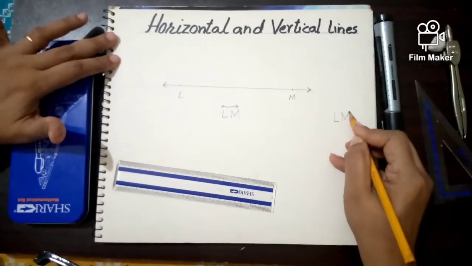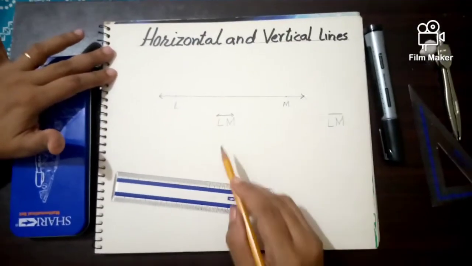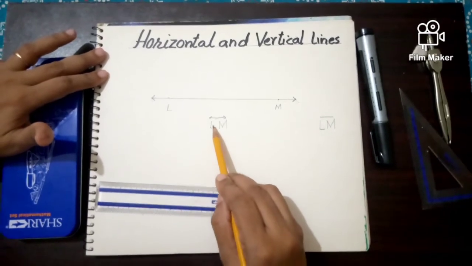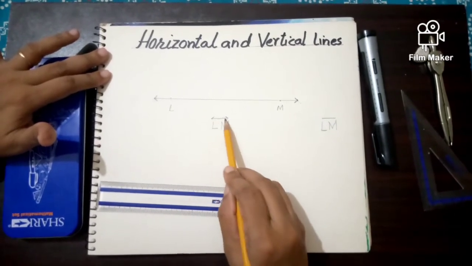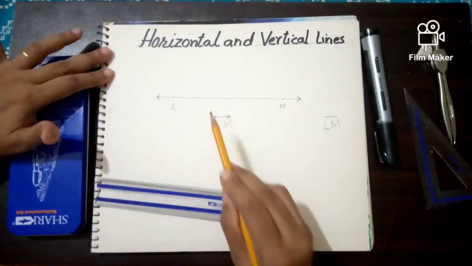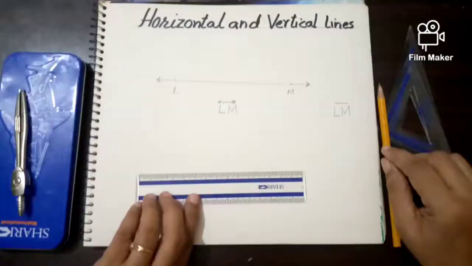For a line segment, we write LM and place a small line segment on it. But for a line or a straight line, we will make a small straight line with 2 arrow heads.